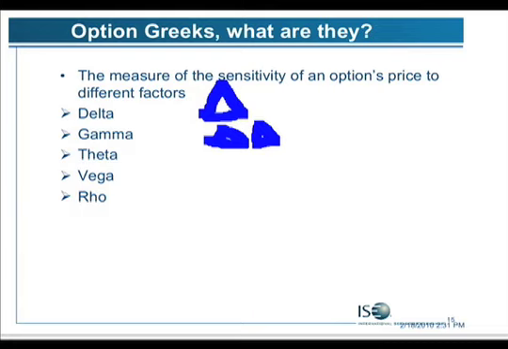Vega, this last year, 2009, Vega is so important. Why? The market started to price in the expectation of lower volatility. What does it mean to all of us as traders?